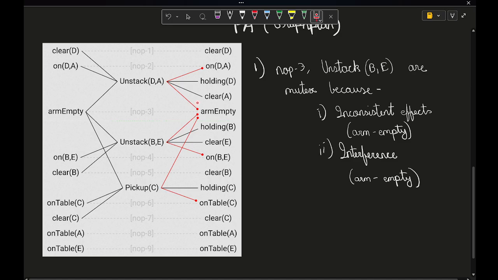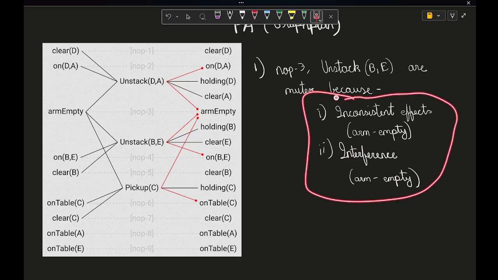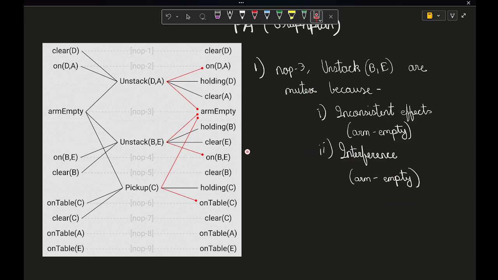Next is NoOp3 and pickup C. I believe again because of these same conditions, these two should also be mutex. Firstly because of inconsistent effects: NoOp3 is adding arm empty to the second layer while pickup C is removing arm empty from the second layer.